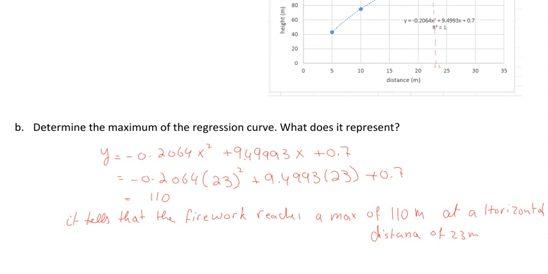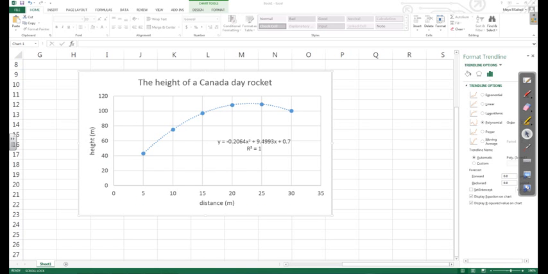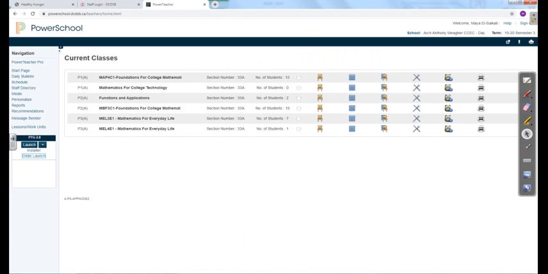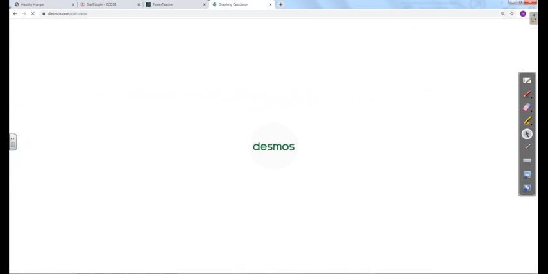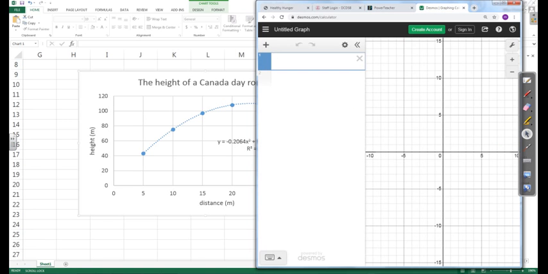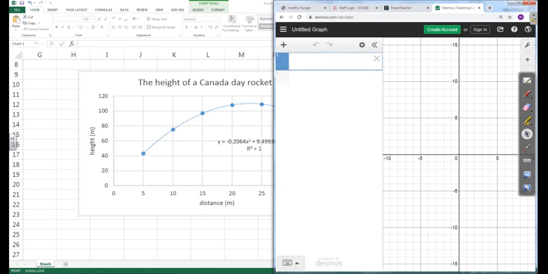So I'm going to go to decimals. 0.064 x squared plus 99193x. This one's not easy.